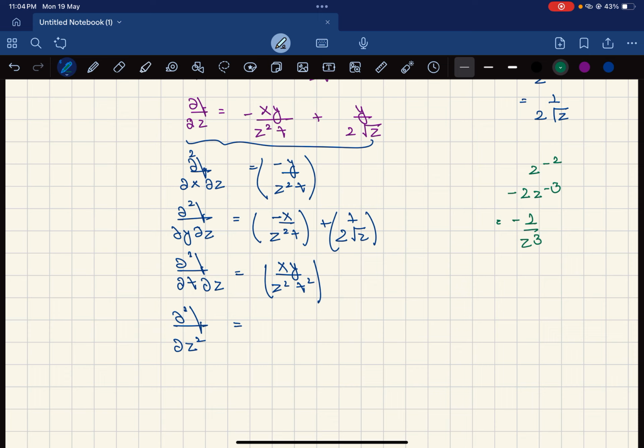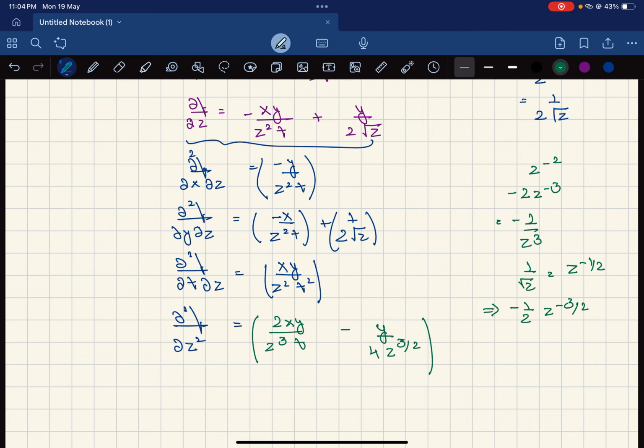Therefore we are left with 2xy/(z³t) plus, now for 1/√z, this is z raised to power -1/2, therefore the derivative would be -1/2 z raised to power -3/2. So this becomes -y/(4z^(3/2)). So this is how we can calculate the mixed partial derivatives with respect to multiple variables and in any order we want to calculate.